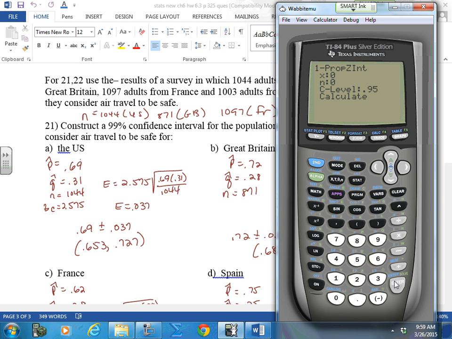So we'll go with 720. Just round it. You can't put a decimal in here. Out of 1,044. Confidence interval 99. This is fine to do all four of these on your calculator. It makes more sense. When you round it to 3 decimal places, you'll also find this is really almost your 0.69.